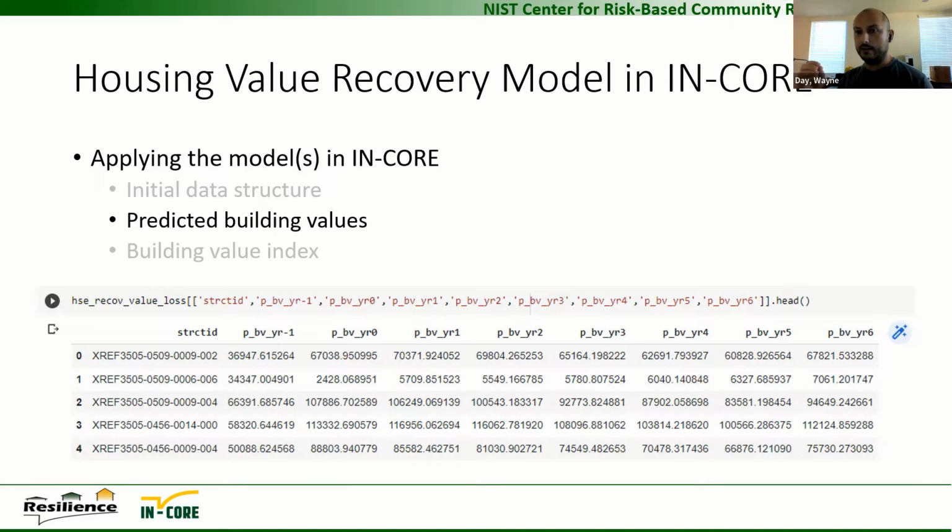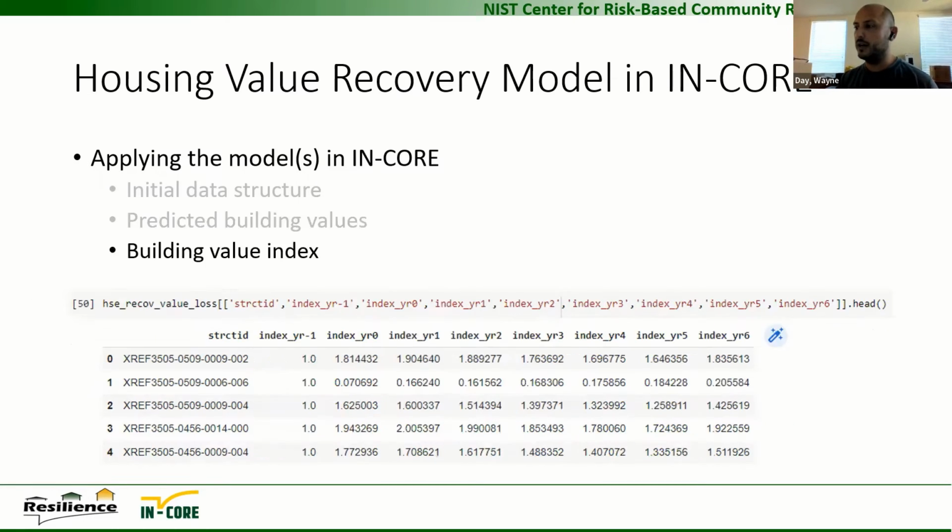So the model allows us, for each parcel, each building, to have the building value change over time, and each one gets its own change.